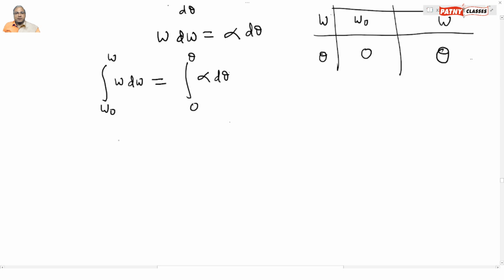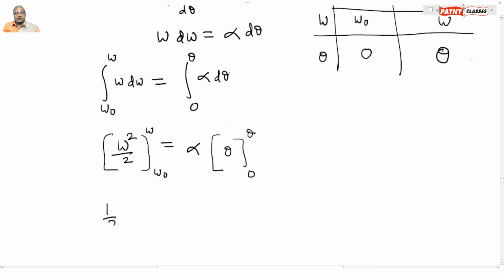Integration of omega is omega square divided by 2 and limits are from omega naught to omega, and alpha is constant. Integration of 1 d theta is theta and limits are 0 to theta. Half is taken outside, applying limits, omega square minus omega naught square equals alpha, and applying the limit on the RHS, theta minus 0.